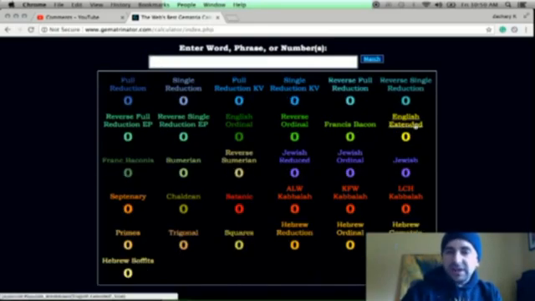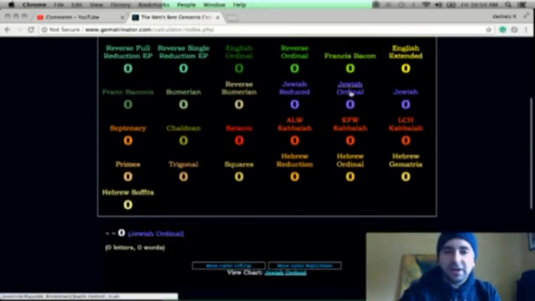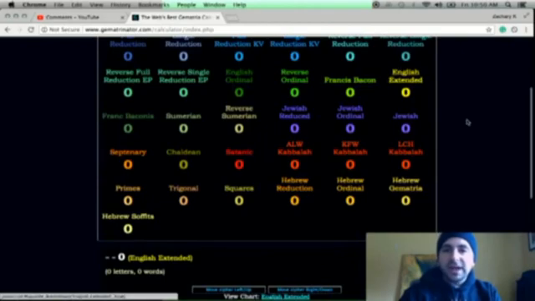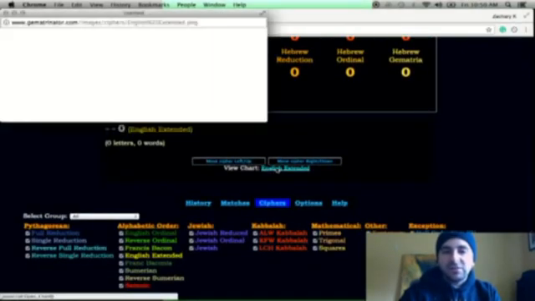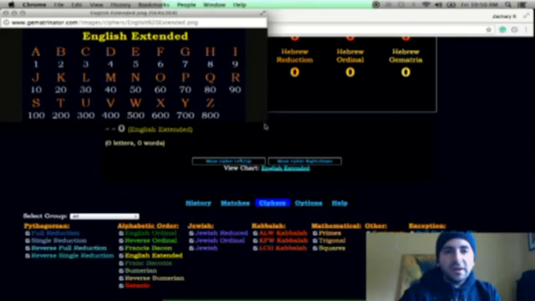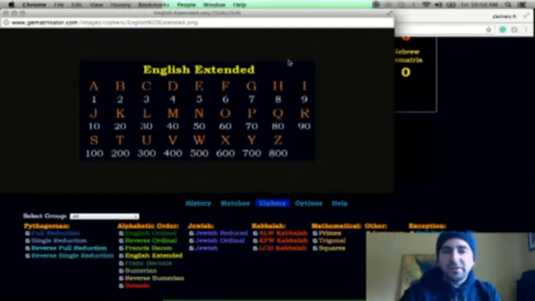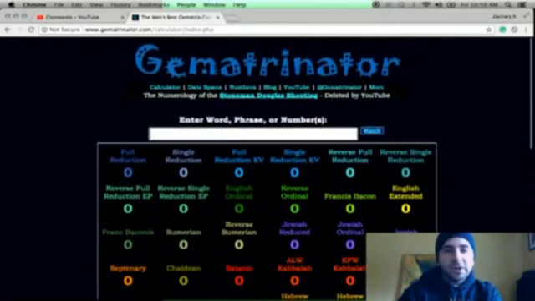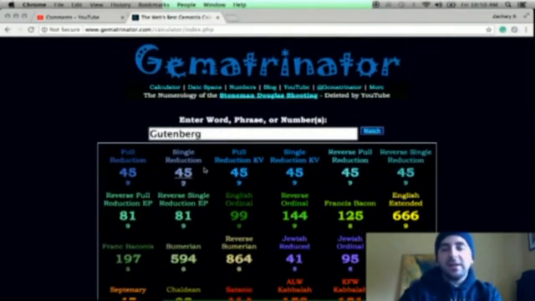English Extended is another Gematria cipher that's in tribute to Hebrew and Greek isopsephy. And understand, with all of these ciphers, you can click on the cipher, and then you come down here and click the view chart. You can see what the letter values are for the chart. And there's some really cool things in English Extended.